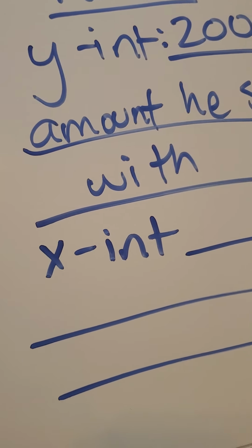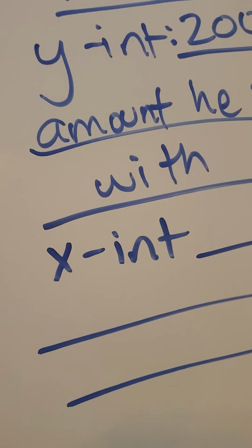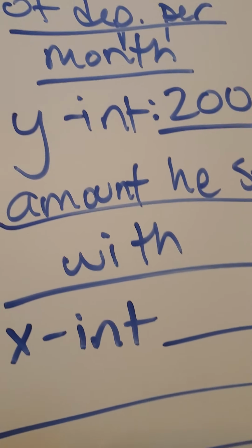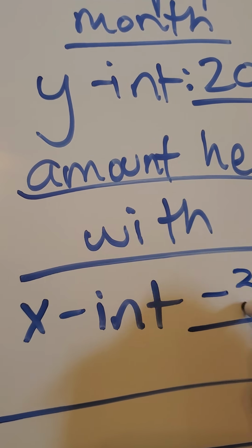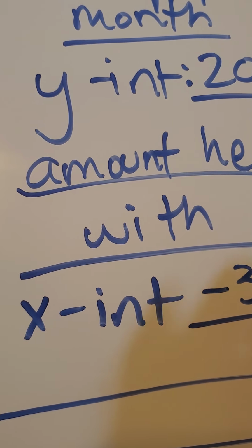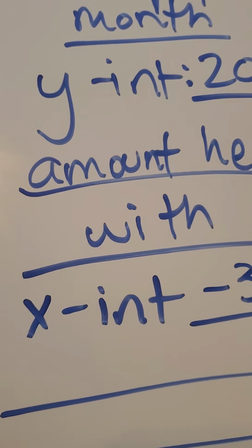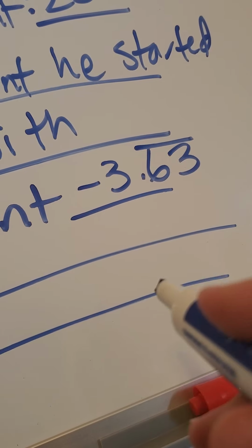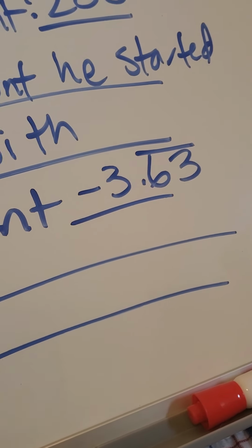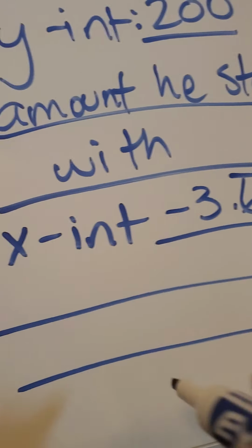Realistically, okay? But if I take 200 and divide by negative 55, I'd figure out my x-intercept will be at negative 3.63 repeating, okay? That would mean that at negative 3, almost negative 4 months ago, he had $0, okay?